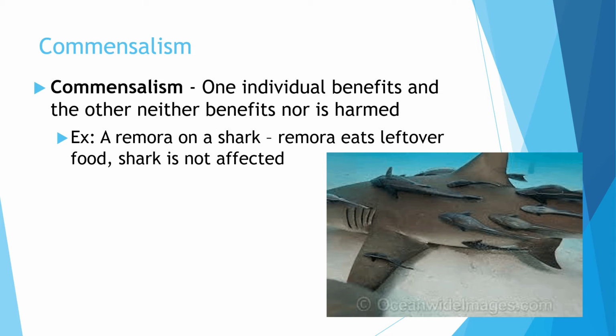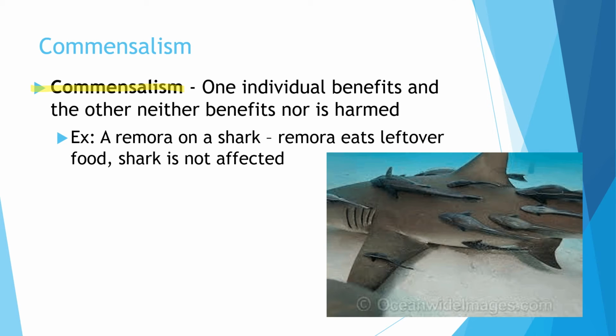Okay, another example of a symbiotic relationship, or symbiosis, is something called commensalism. So one individual benefits and the other neither benefits nor is harmed. This is an example where one of the species benefits from the relationship, but the other one is unaffected. It's not benefiting, but it's not being harmed either. An example of that would be a remora on a shark.